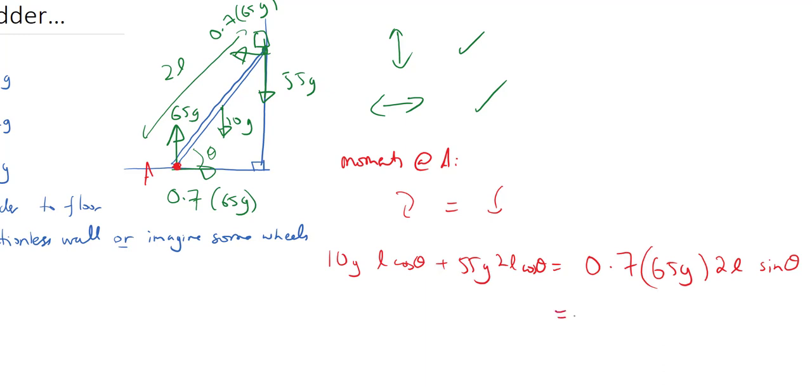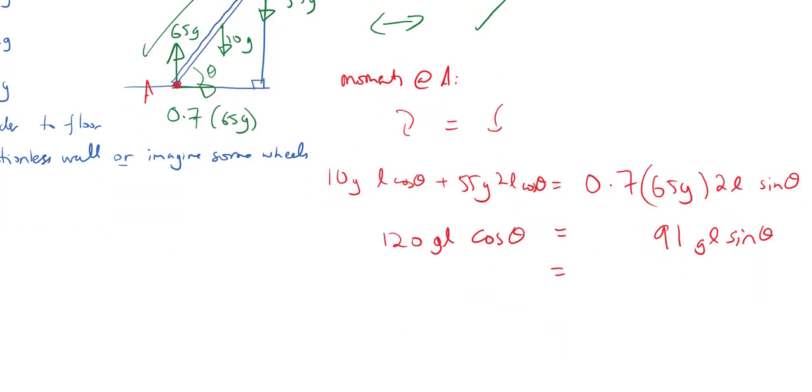Okay, you turn the handle on this, so you calculate theta. So you've got 10gL over here. 10 plus 110 is 120. What do we have over here? 65 times 2 is 130. 130 times 0.7 is 91. gL cancels as expected because we knew L would cancel.